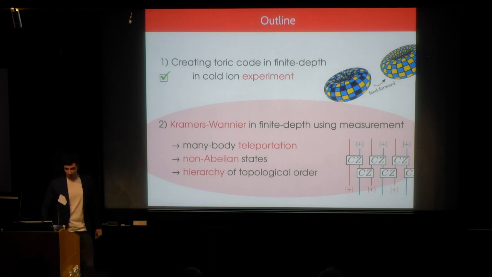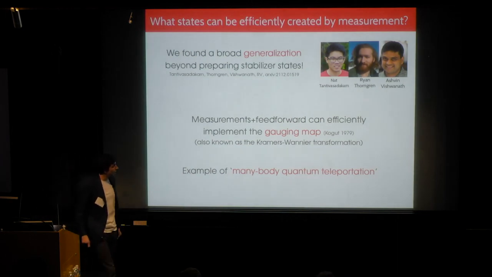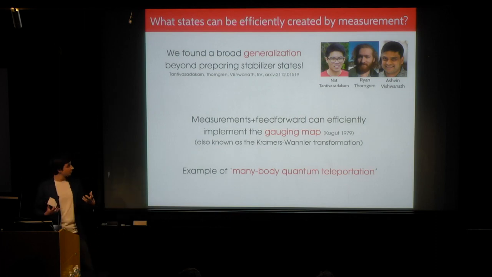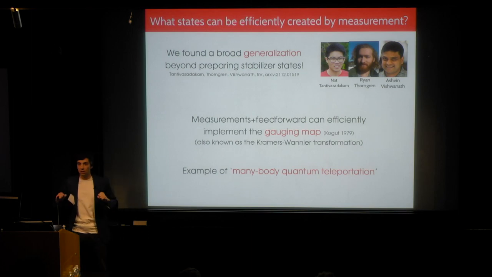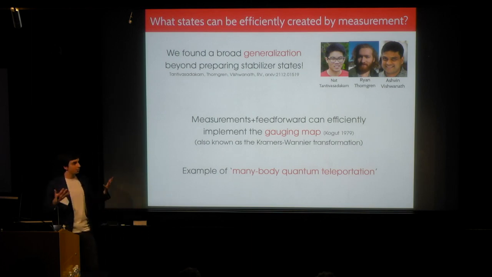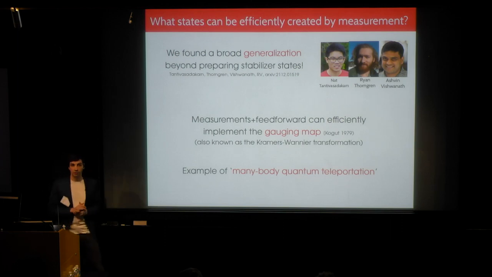Okay. In particular, with Nathan Devasarakan, Ryan Thorngren, and Ashvin Vishwanath, we found a more generalized perspective where, using measurements and feed forward in finite time, we can implement a map that goes by different names. Some might call it the gauging transformation or the Kramers-Wannier transformation.